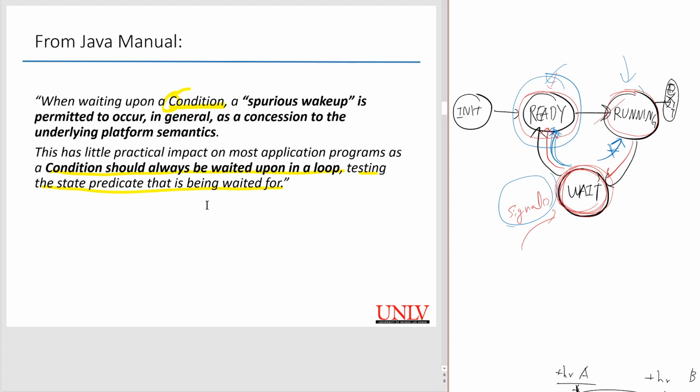Why is this beneficial? Why do you have to recheck the condition? Because if you write the code like that, that means your code is tolerant to excessive wake up.